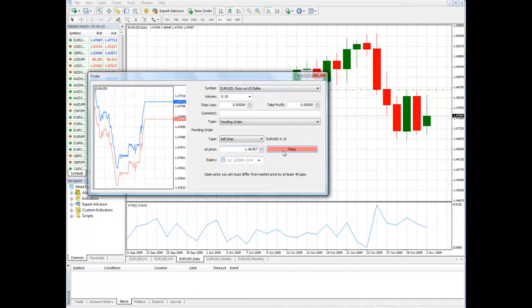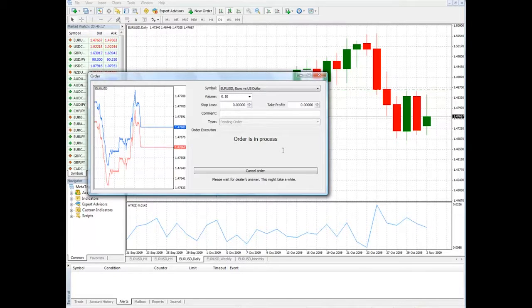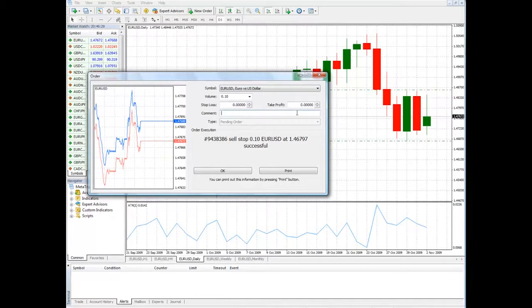Okay, so here we go. Let's put a comment in here. Let's call it breakout of inside bar low.